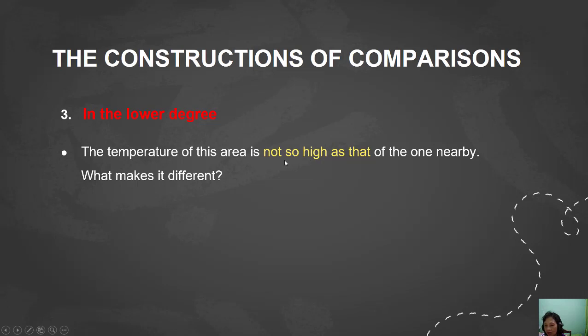Sometimes people use as. It is okay. You can use not so high as or not as high as. But the most important is the word not. The temperature of this area is not so high as that of the one nearby. It means that the temperature of this area is lower than that of the one nearby.